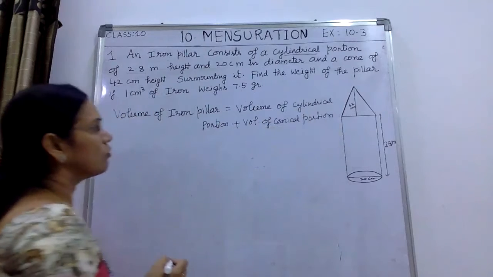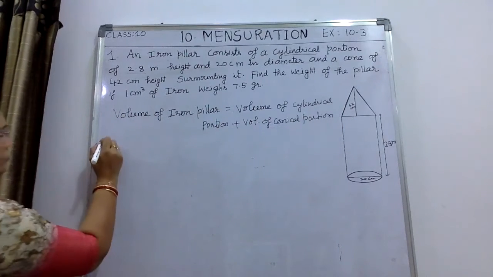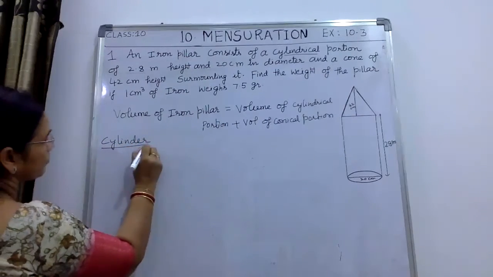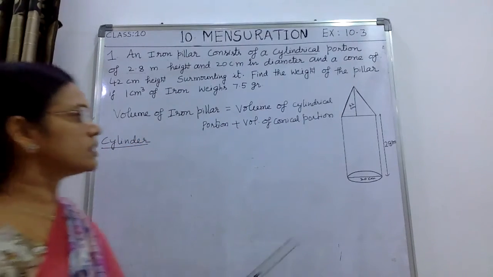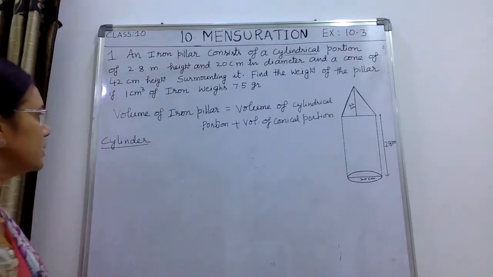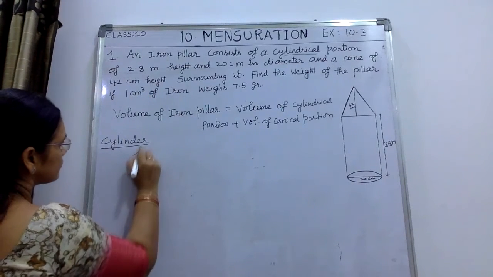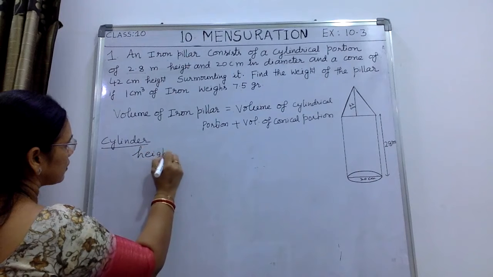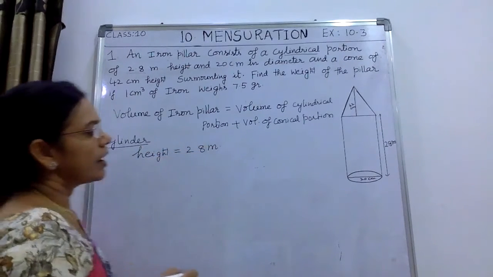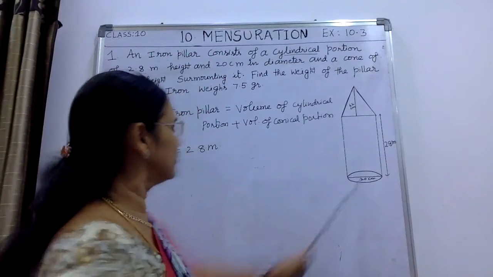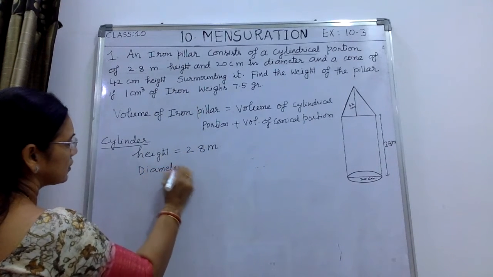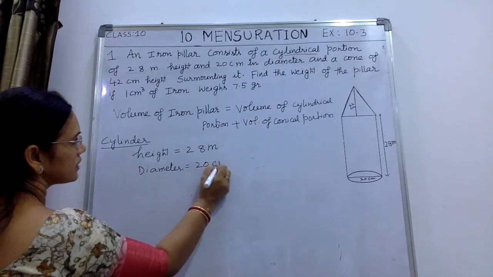So let us find the volume of the cylindrical portion. Here, what are the measurements given for the cylindrical portion? Height is given as 2.8 meters. And here diameter is given. How much? That is 20 centimeters.